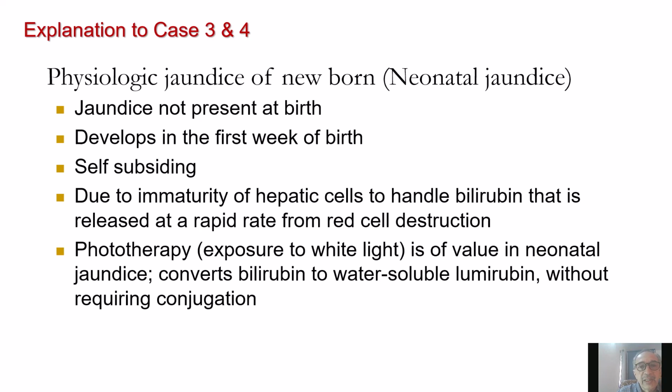This will take a week. Phototherapy is of limited value, sometimes given; it converts bilirubin to water-soluble lumirubin, so it can be excreted in the urine. So you don't require conjugation by the liver.